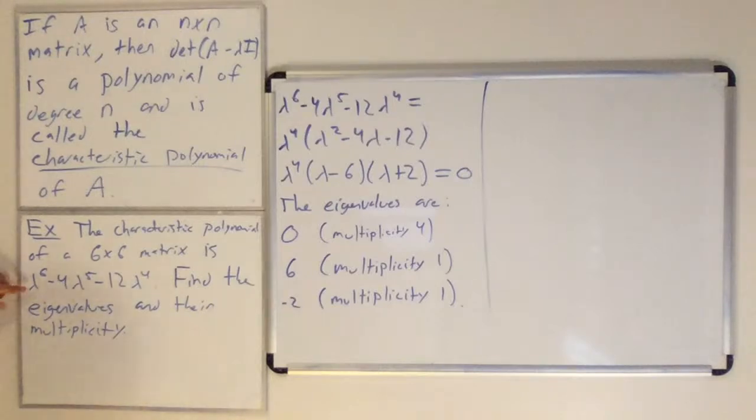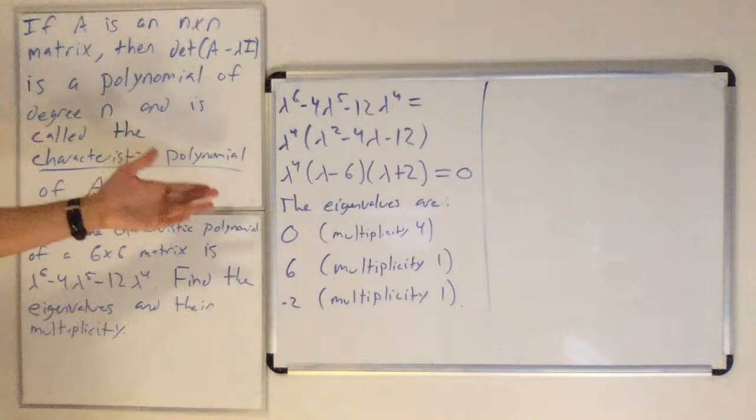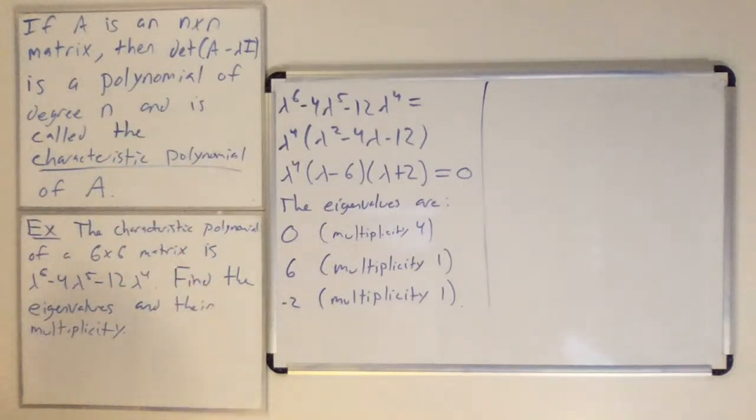Okay, so from the characteristic polynomial, we could find the eigenvalues and their multiplicity. All we do is just factor, and it tells us all we need to know about the eigenvalues and their multiplicity. So if you have any questions, just type them in the chat. I'm going to start writing out the next example.